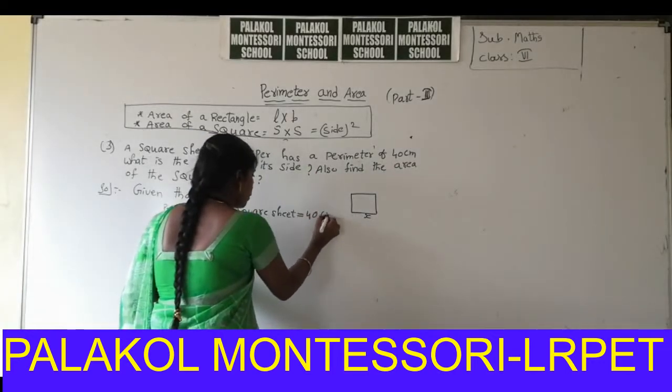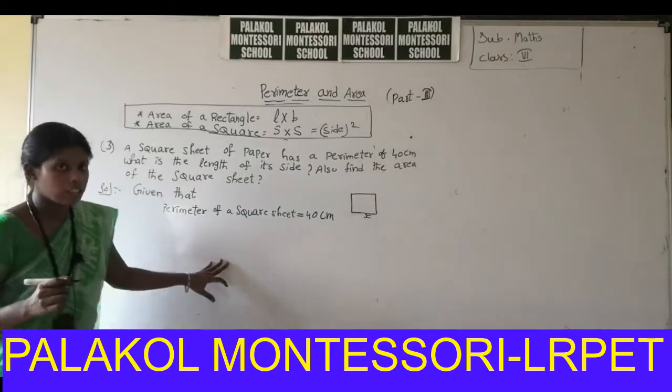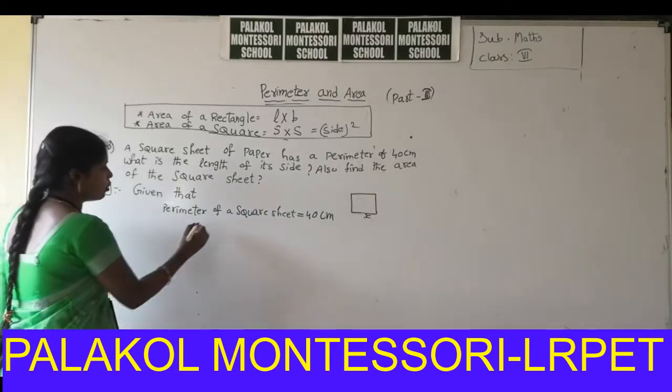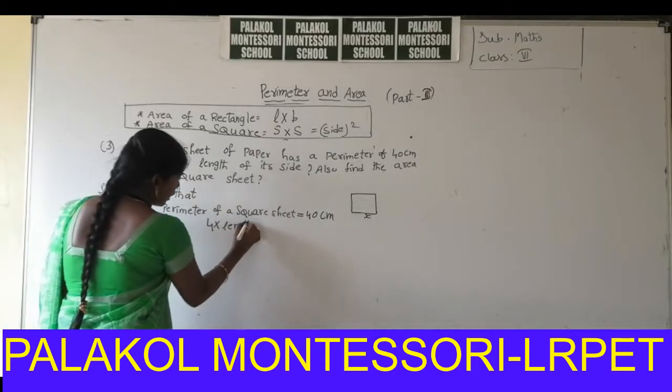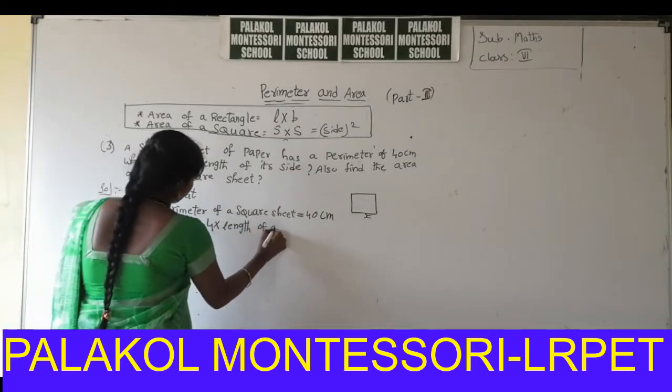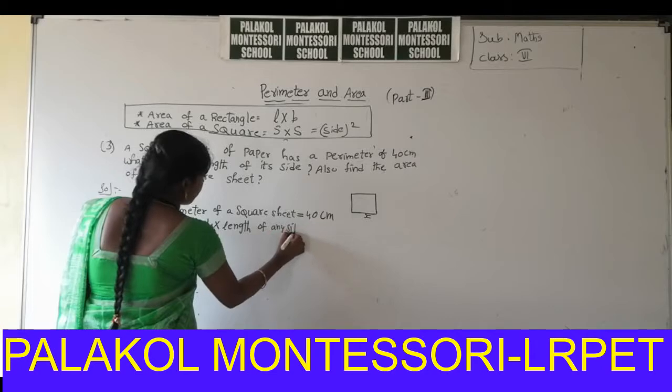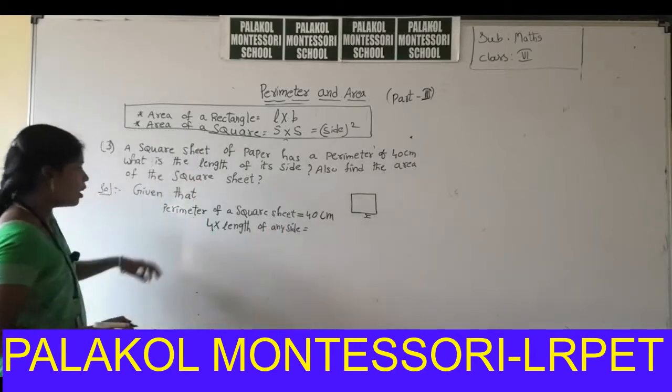But we already know the perimeter of a square formula. What is the perimeter of a square formula? Very good. 4 into length of any side. Is it correct or wrong? Correct. This is the perimeter of a square formula.